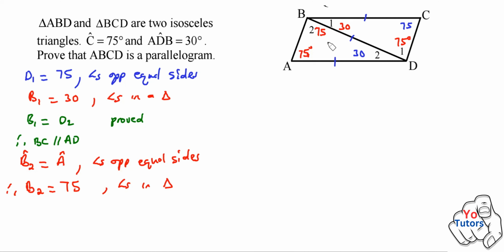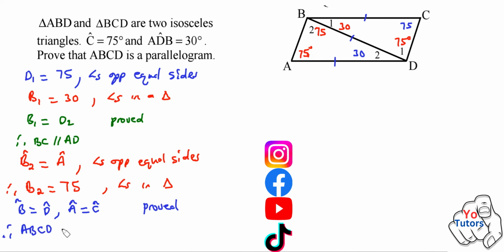Now, when we have that, we are going to check here. When you look at this, we can see that B is equal to D, and also that A is equal to C. Now, therefore, we can say ABCD is a parallelogram.